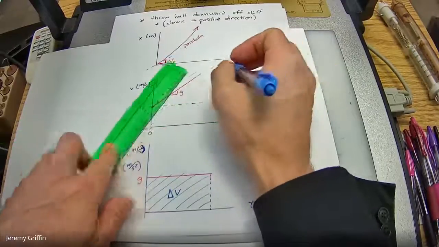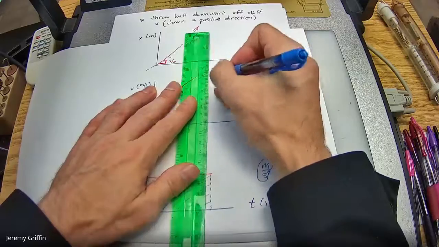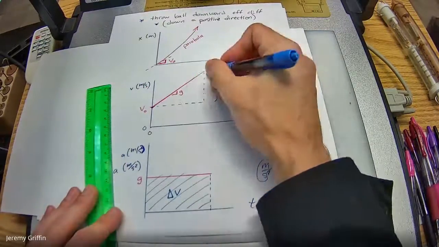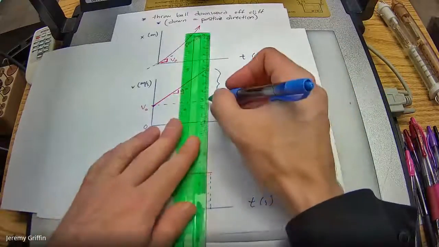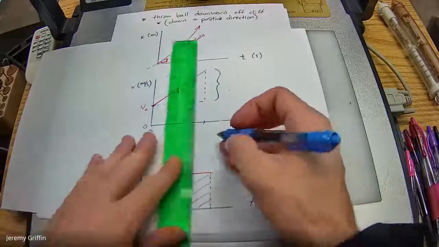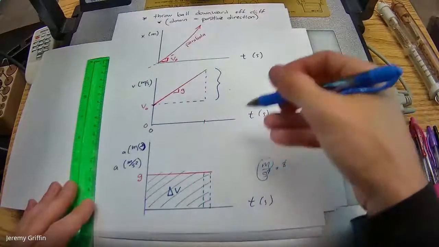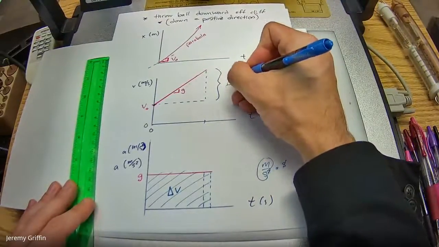Okay. Put a dash line here. You see this change in velocity from initial to final for some time interval like that? These times are supposed to line up. Sorry about that. It's supposed to line up right here. Okay, pretty close. That is the change in velocity.